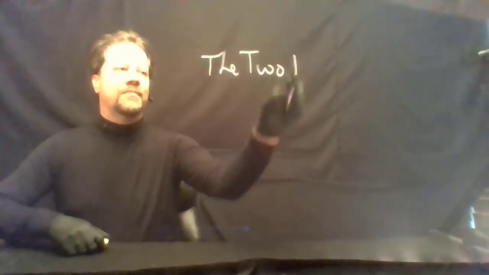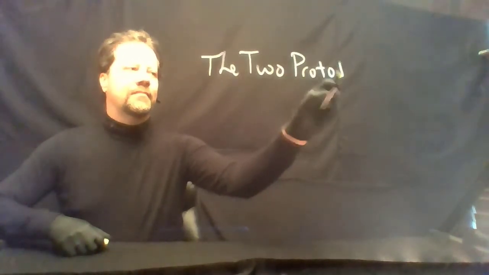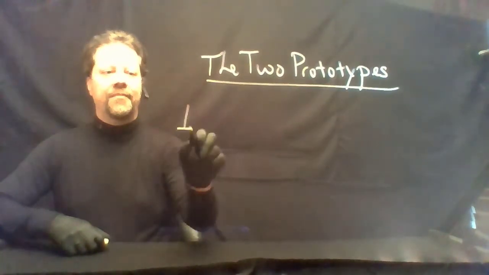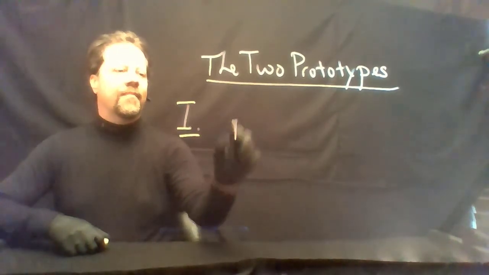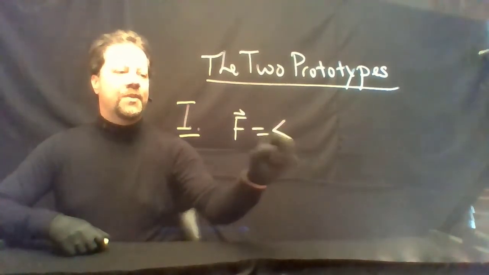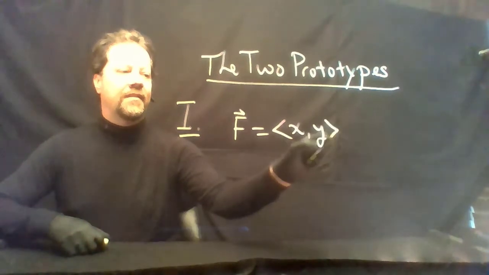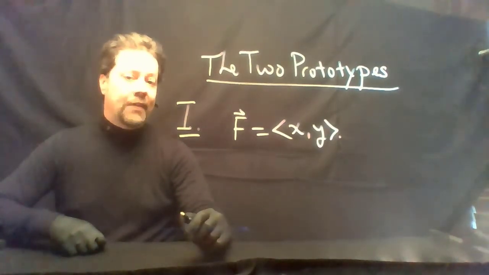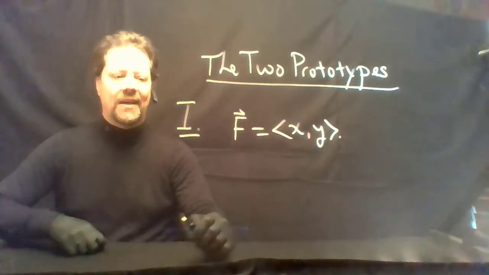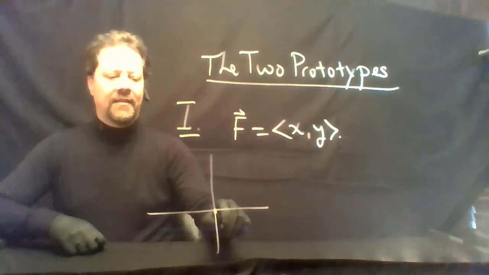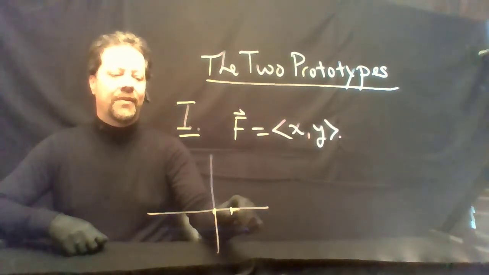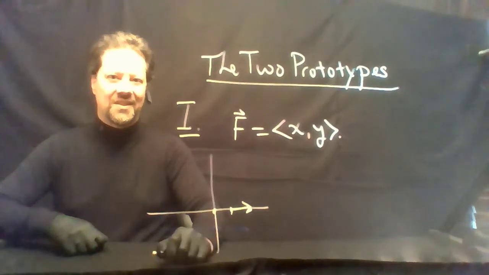There are two prototypes that I would like you to be aware of. First, suppose I have the vector field that for each point x, y it outputs the vector x, y. At the origin it outputs the 0 vector. At 1, 0 it outputs the vector 1, 0.